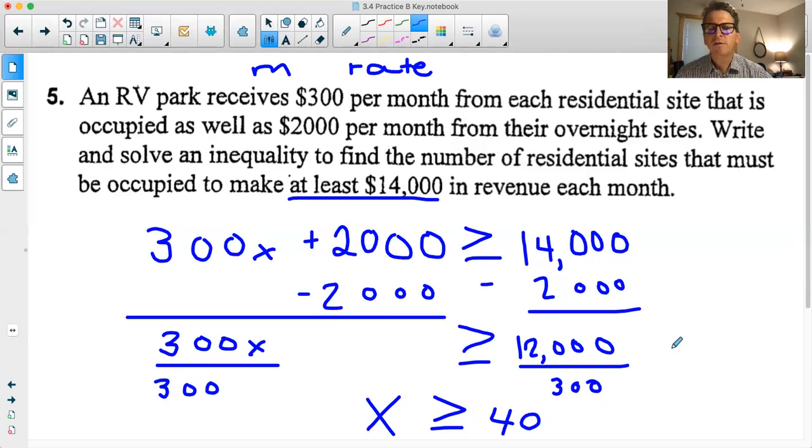So $12,000 divided by $300 a unit means you have to rent 40 units or more to make at least that $14,000 in revenue. So for number 5, it's 40 units.